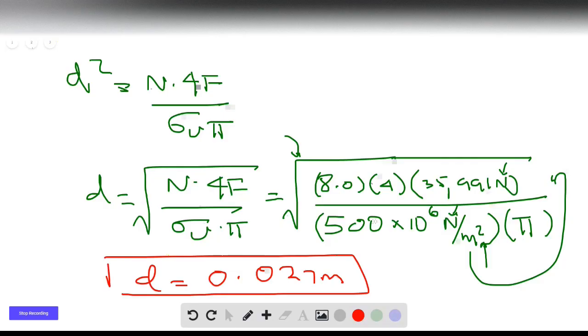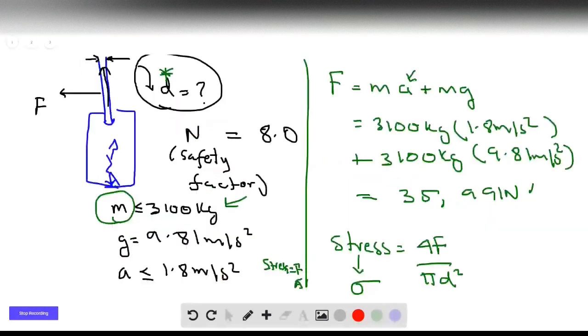Just making sure that we're comfortable with the diameter. First of all, we have to find the force involved, and then we have to use the stress to look at the relationship between the force and the diameter. The stress is sigma.